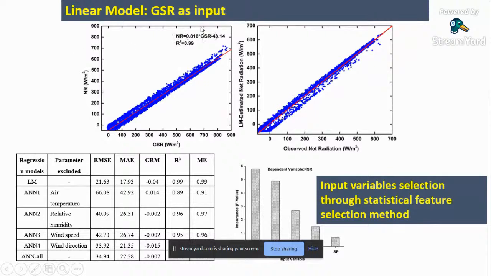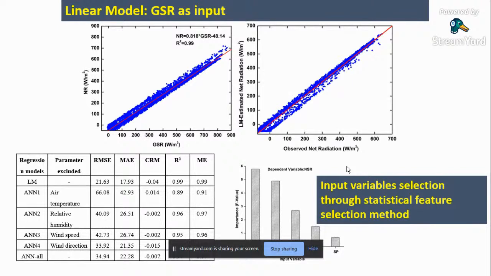We tried to estimate the regression relation shown here, and then by using it we have estimated, and it gave better results than the ANN, because it is a directly dependent parameter which we have used here. But if you see overall India, we may have a good network of air temperature, relative humidity, wind speed, and wind direction data rather than net radiation.